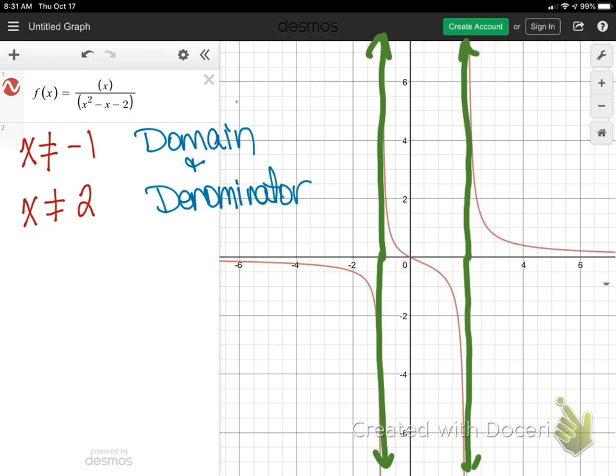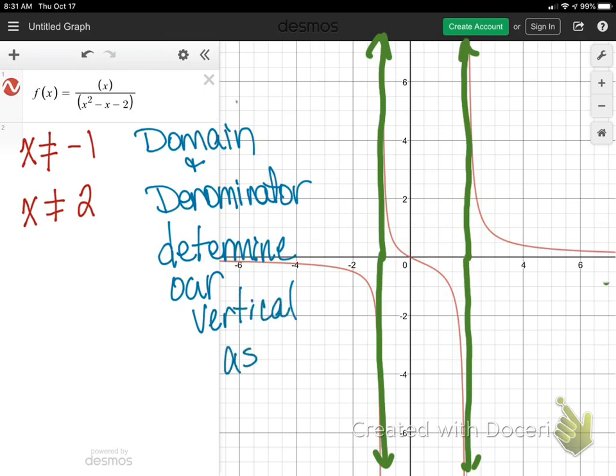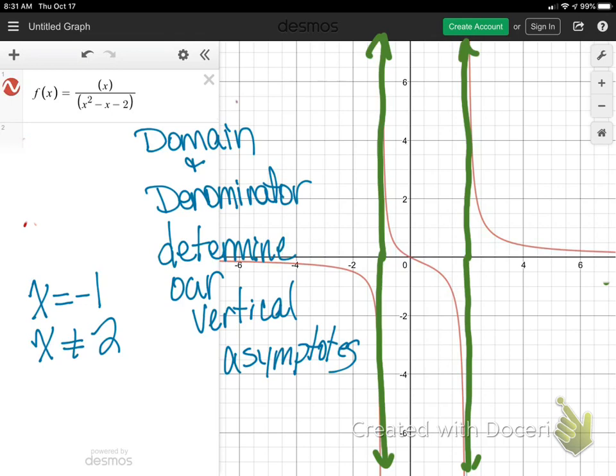The domain of the function and the denominator of the function dictate and determine our vertical asymptotes. So my vertical asymptotes here are x equals negative 1 and x equals 2. Those are my vertical asymptotes.